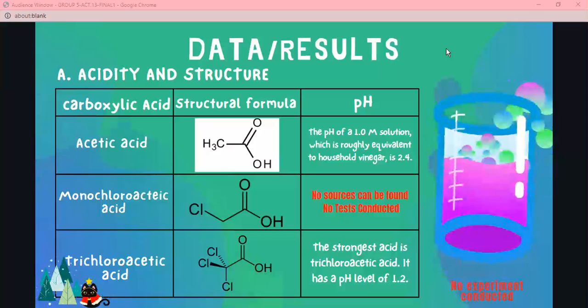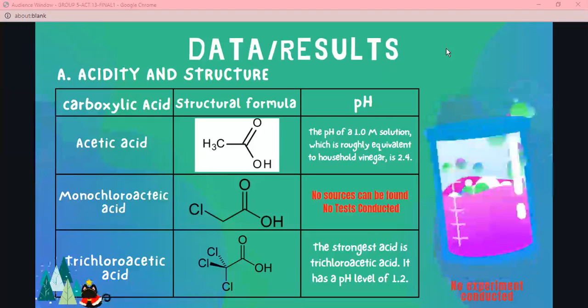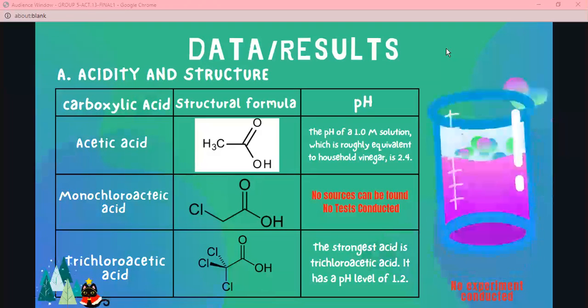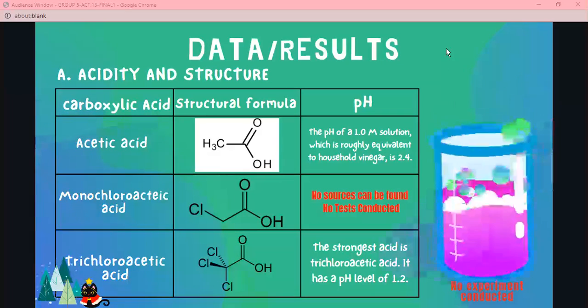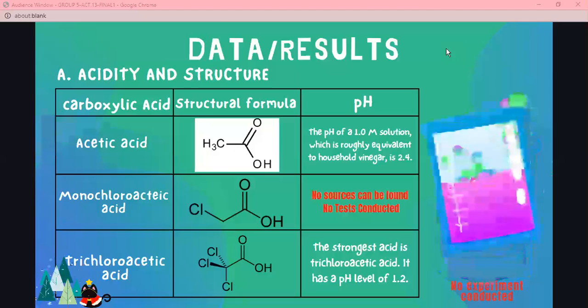Hence, some tables and questions are left blank because we were not able to find sources to answer those, and some of them need to be answered through actual conduction of the said experiment.